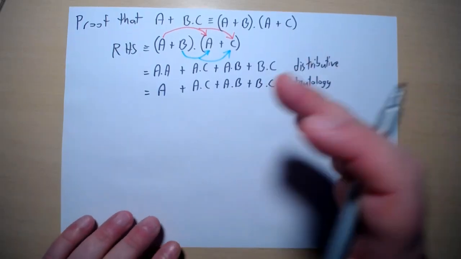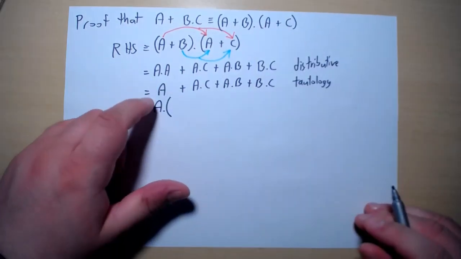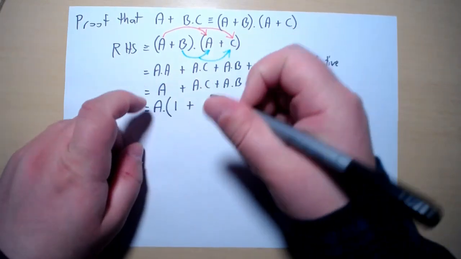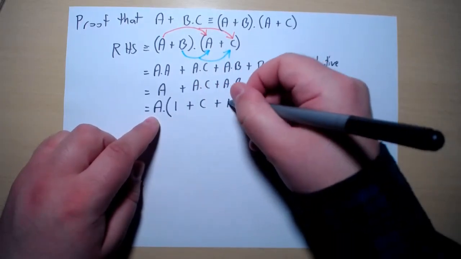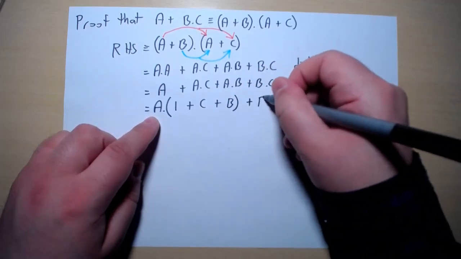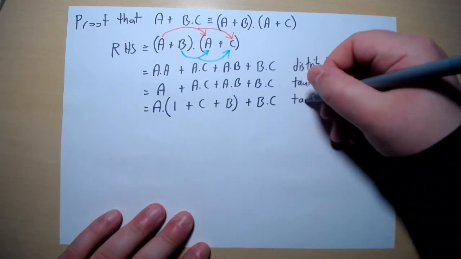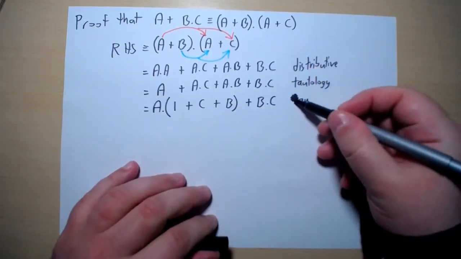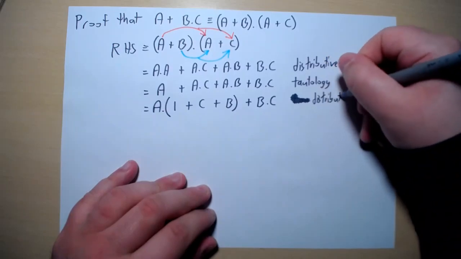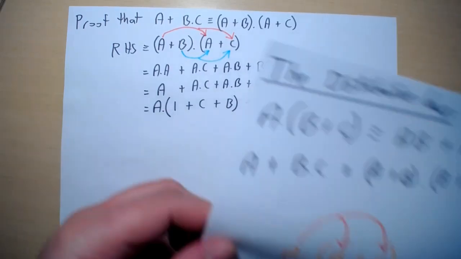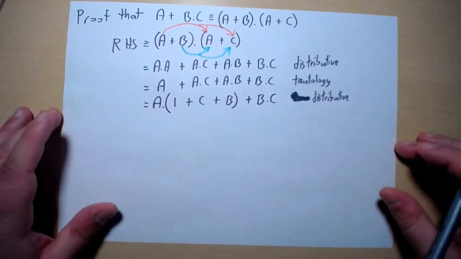Therefore, if we take out A as a common input, so A into A goes 1, or A into AC goes C, or A into AB goes B, or B and C. And here we have used the distributive law, because like we did here, we are expanding or creating brackets.